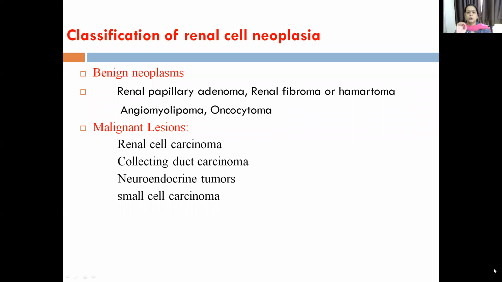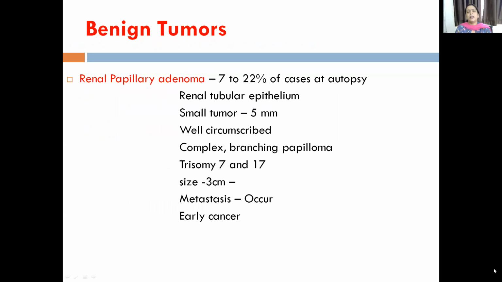Okay, so coming to the major topic, that is the benign tumors, that is the renal papillary adenoma, that is 7 to 22% of cases at autopsy. Know that the renal papillary adenoma is a benign tumor arising from the renal tubular epithelium. Usually it is a small tumor, 5 mm, and it is well circumscribed.